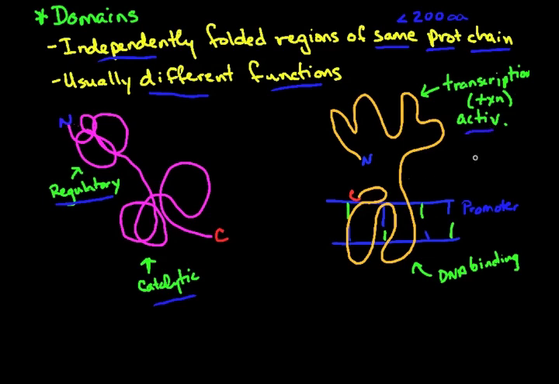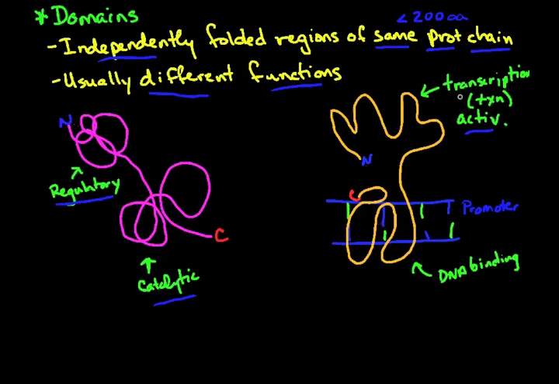Okay? So if you need to make a protein, then a transcription factor very often will come down and bind to the promoter region that's right before the beginning of the instructions for making the protein. And so you'll have a DNA binding domain, so part of the protein that's independently folded will bind to and recognize a specific sequence of DNA that's in that promoter region, and it'll bind there.